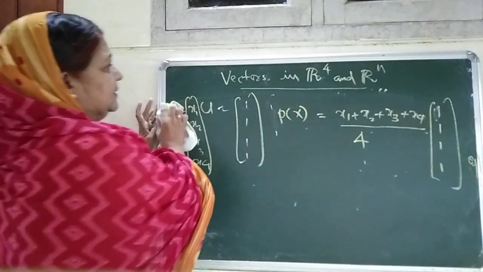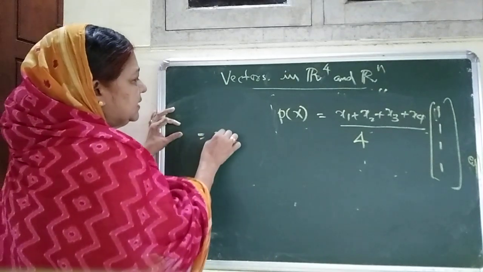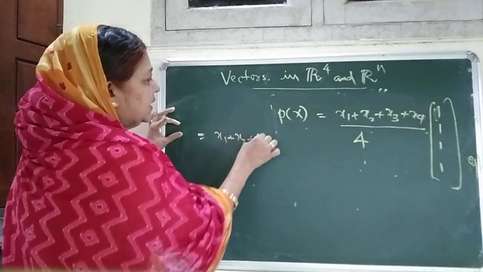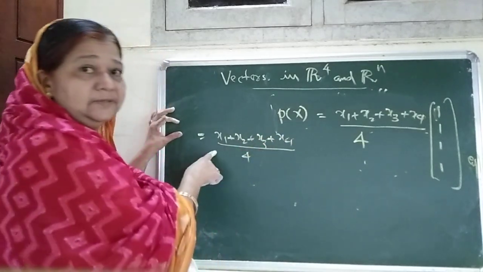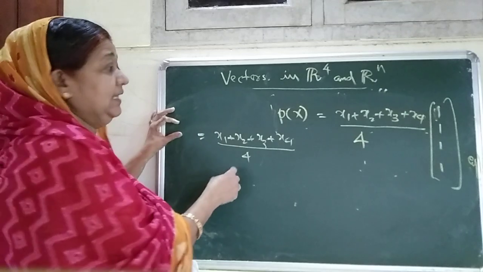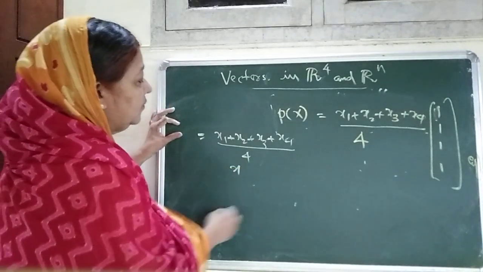Therefore, what is Px? The first coordinate is x1 plus x2 plus x3 plus x4 by 4. For 3 dimensions it is divided by 3, for 4 dimensions it is 4. Similarly, how many coordinates do we have? 4 coordinates.